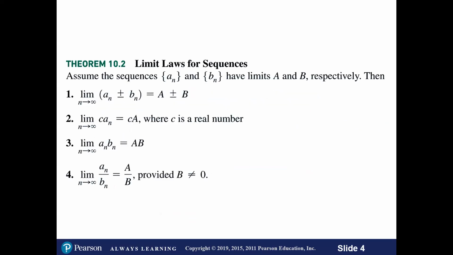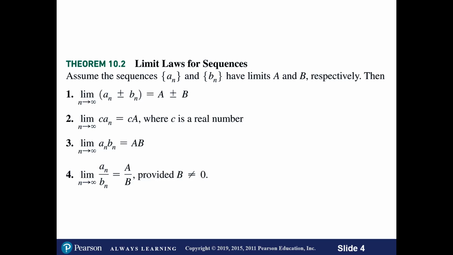Now, with that in mind, we have limit laws for sequences, and they are analogous to those for functions. If we have sequences a sub n and b sub n, and they have limits a and b respectively, then the limit of the sum or difference of the sequences is the sum or difference of the limits.